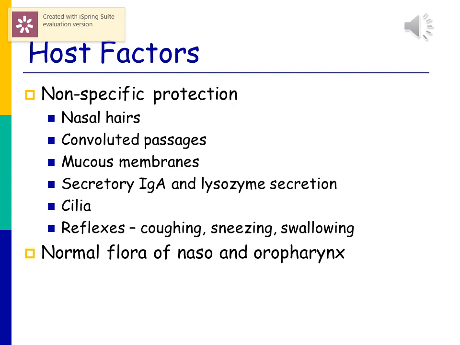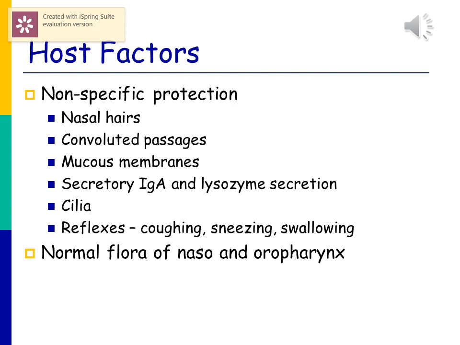So we have factors, the host has factors that give us protection from respiratory infections. Non-specific protection that we have are the hairs in our nasal passages, the fact that our nasal passages especially are very convoluted. We have mucous membranes in our upper respiratory tract.